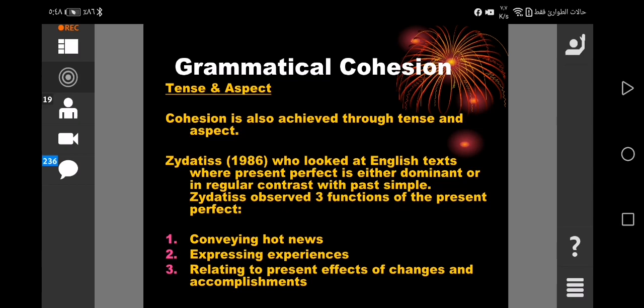By examining data, discourse analysts are able to observe regular correlations between discourse types and tense and aspect. That is, there is a connection between the type of discourse and your choice of tense and aspect.